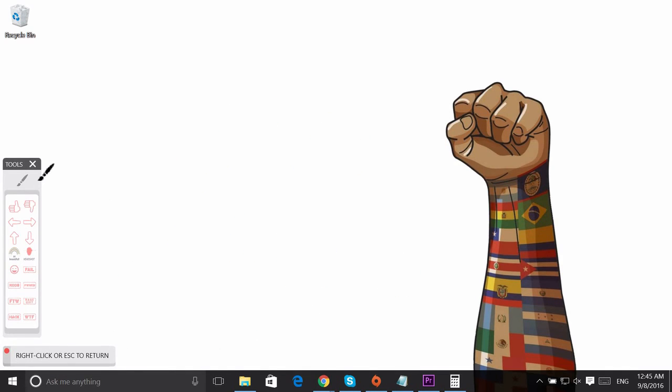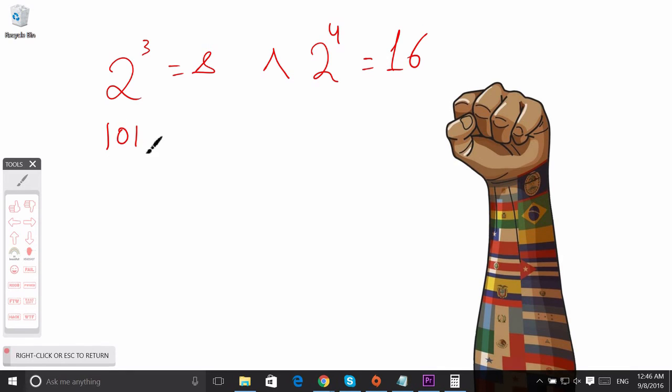Other important numeral systems are base 8 and base 16. These bases are important because they are a power of 2. 2 to the power of 3 is equal to 8, and 2 to the power of 4 is equal to 16. Now let's look at this binary number. I added 2 to represent a binary number.